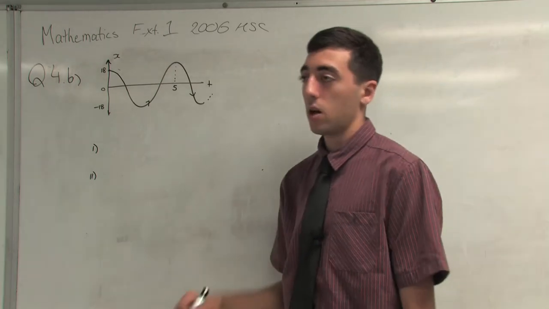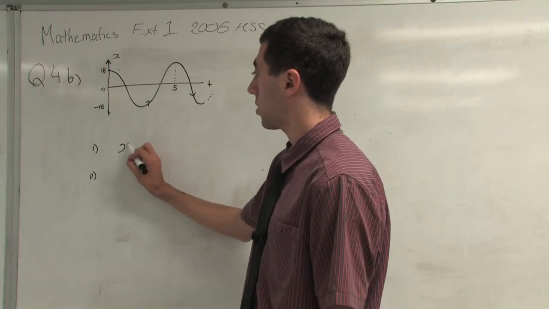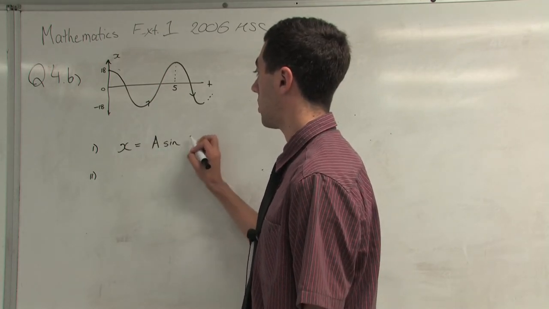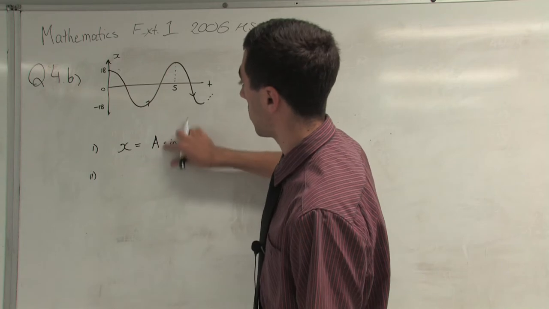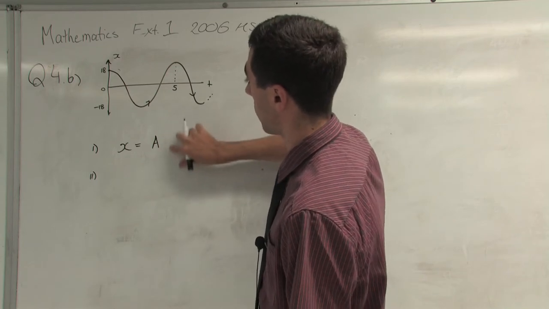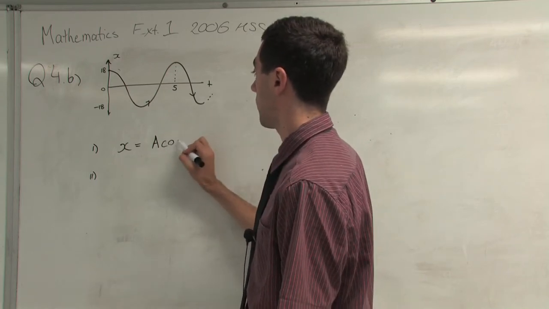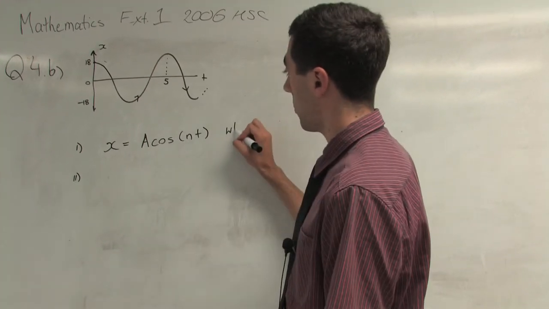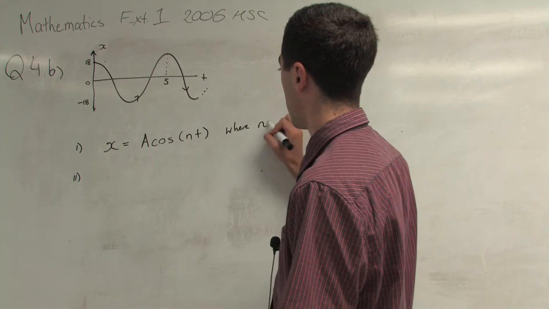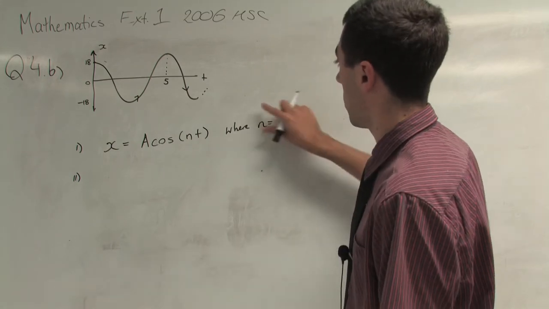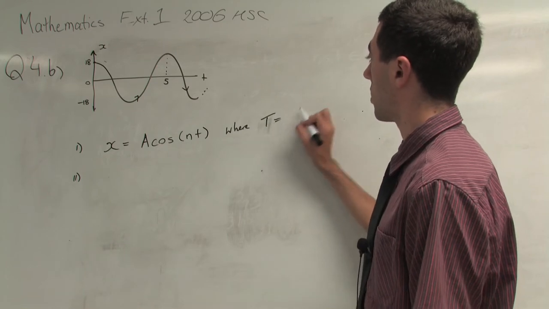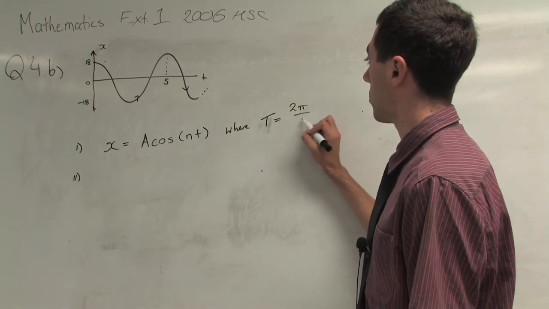So the standard definition for simple harmonic motion is given by x equals a sine nt, or we can choose cos nt, so I'll choose cos for convenience, as you'll later understand, where n has the relationship with the period such that T is equal to 2 pi over n.